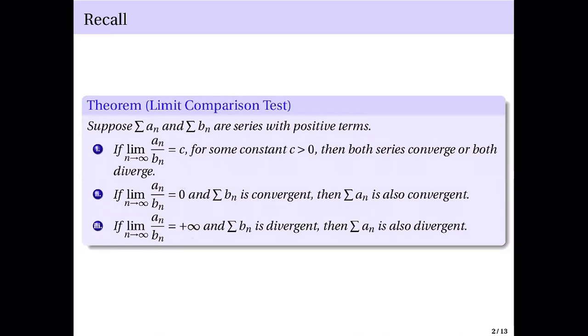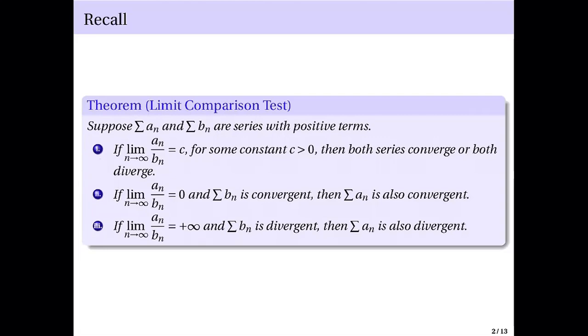Ibig sabihin nun, hindi nag-exist. So yung limit hindi nag-exist, tapos divergent yung conclusion. Meaning, divergent din dapat yung ilalim. Okay? So, medyo madali rin naman tandaan ito. Pero tulad ng sabi ko, ang madalas ko lang ginagamit sa limit comparison test ay itong first item.